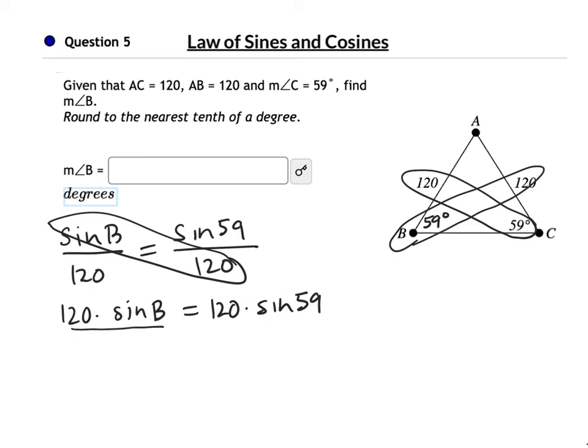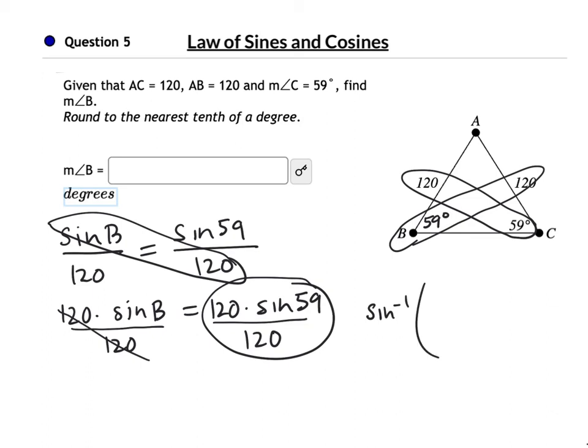And we'll get the sine of B by itself, so we can take the inverse sine. We'll divide by 120. This is what we put into our calculator. But remember, we're finding the inverse sine to get the angle. It'll be the inverse sine of that ratio, 120 times the sine of 59 divided by 120. Interesting, these two actually cancel.